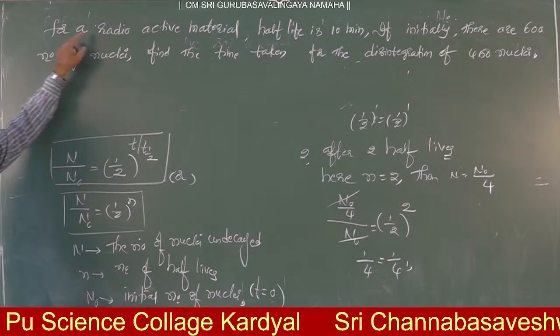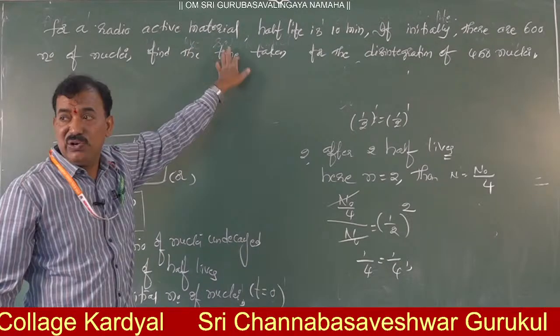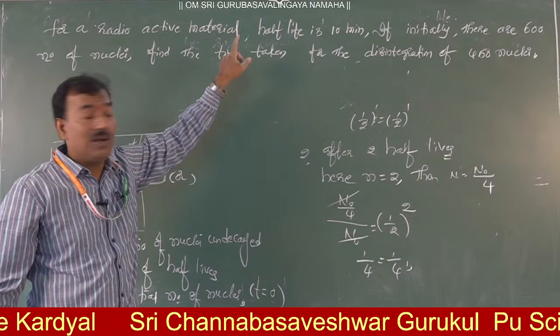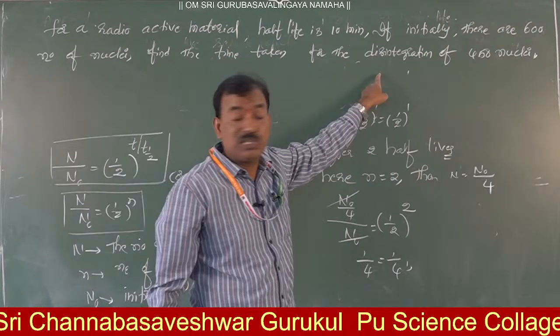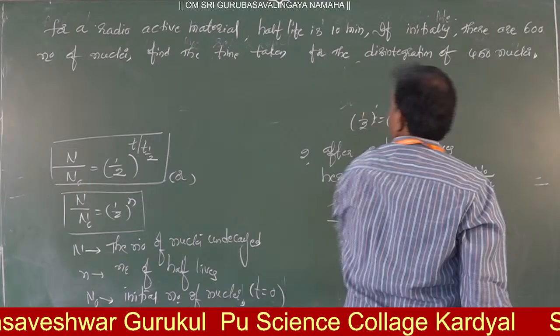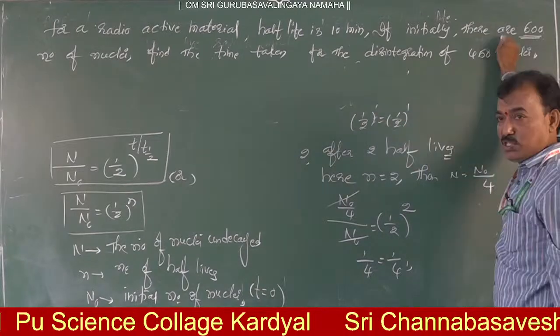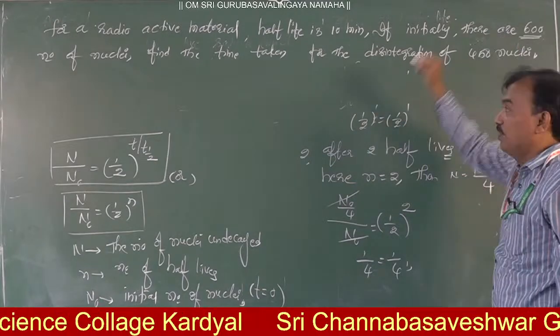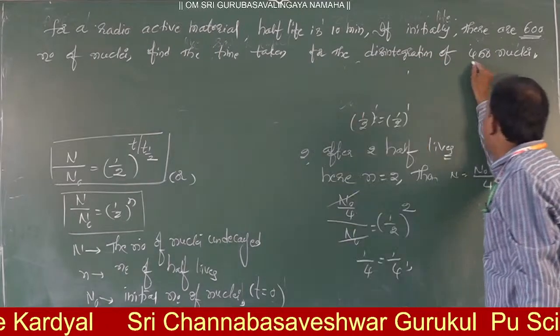For a radioactive material, the half-life is 10 minutes, given. Initially there are 600 nuclei, that is N0 is given. Please note down, N0 is equal to 600. Find the time taken for the disintegration of the 450 nuclei.